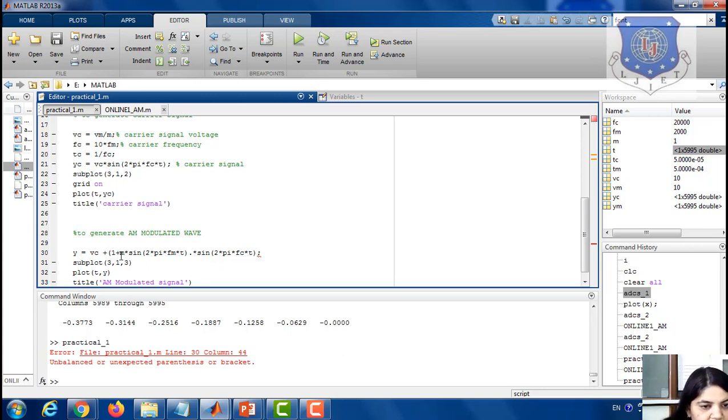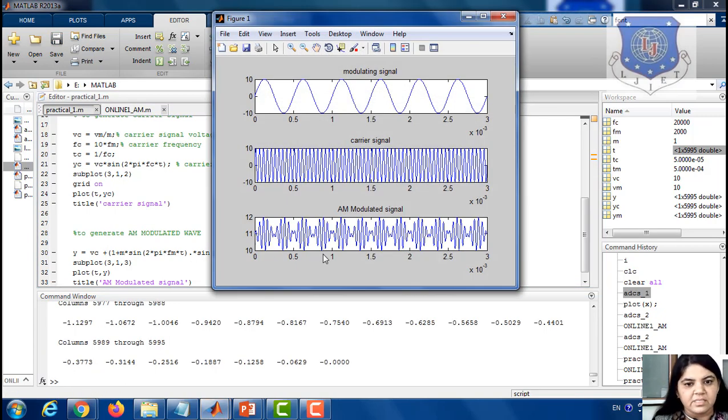Here 1, 2 brackets, here 1, 2, 3, and one closing bracket is missing. So 1, 2, 3. Now we'll run the program. So you can see that here we have the AM modulated signal. So this way you can plot the AM modulated signal waveforms.